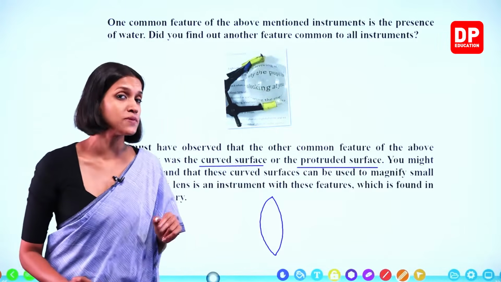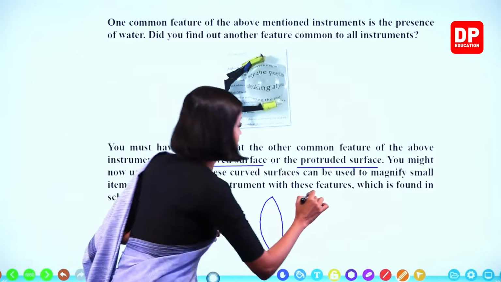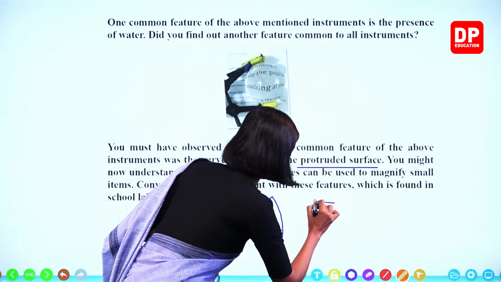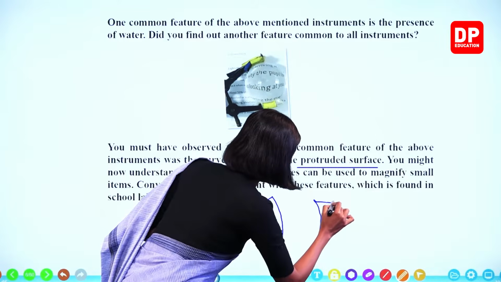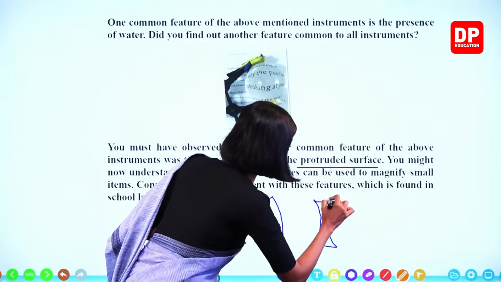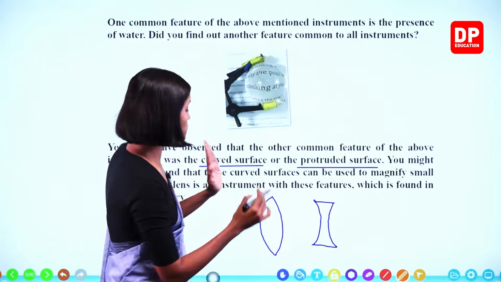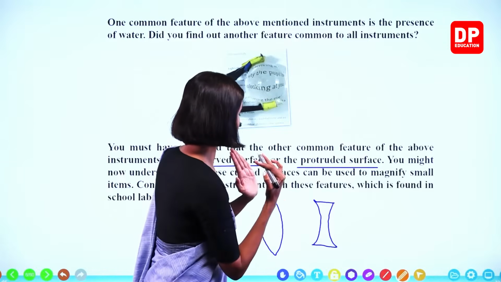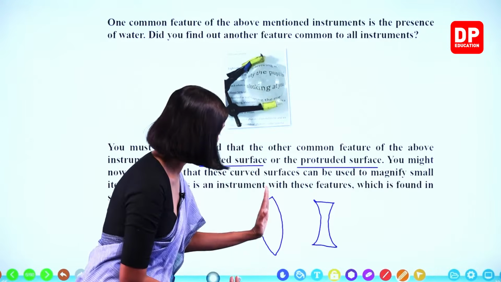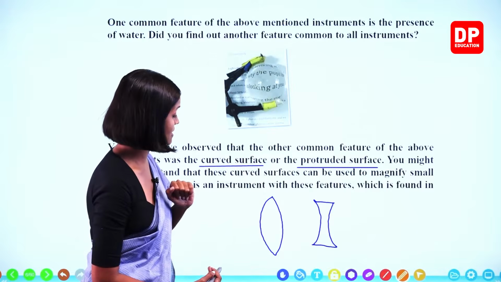There are two types of lenses, convex lens and concave lens. Now, when we consider the concave lens, they also have a curved surface, but these curved surfaces are curved inwards. If you look at the cross section of a convex lens and the cross section of a concave lens, you can see the difference, right?